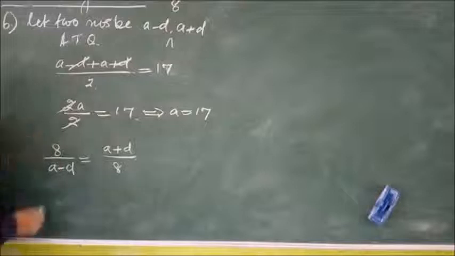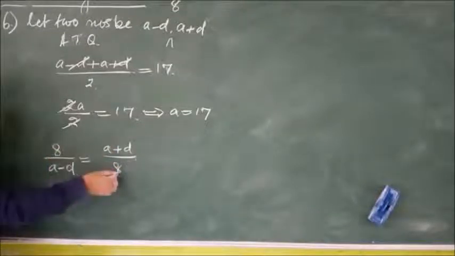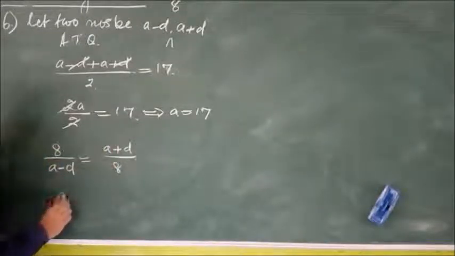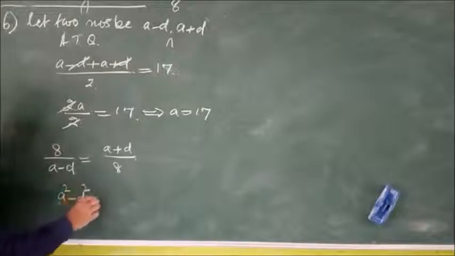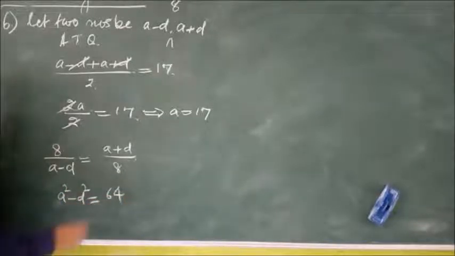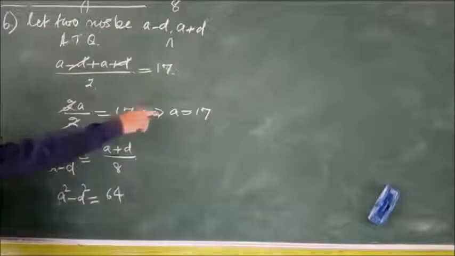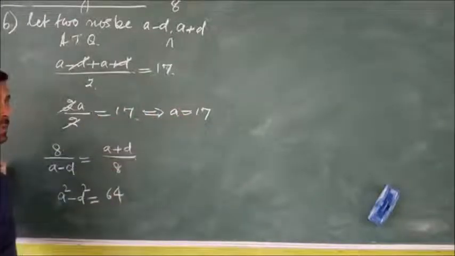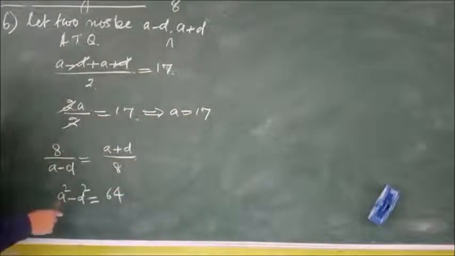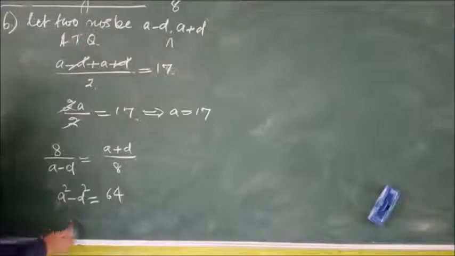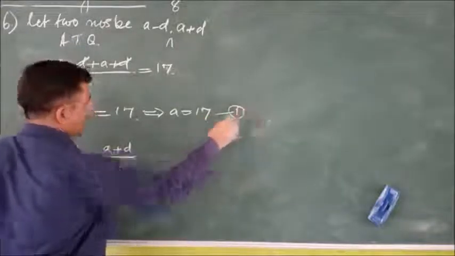We can do cross multiplication. This into this is equal to this into this. So I can write it as A square minus D square equal to 64. From the first part, I calculated the value of A as 17. We'll name this as equation 1.